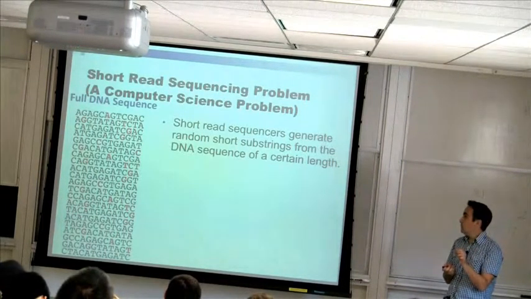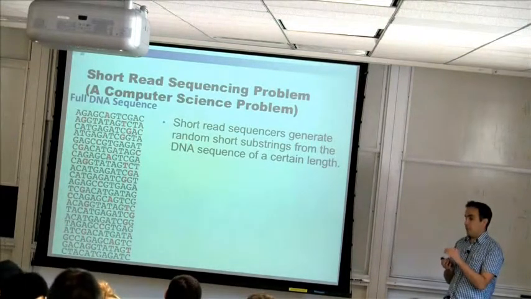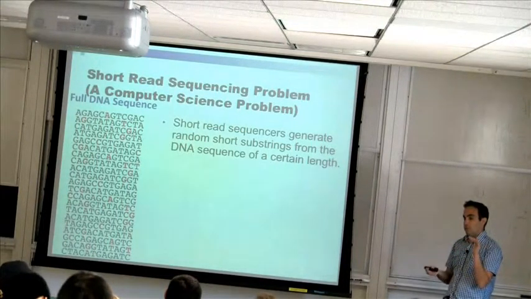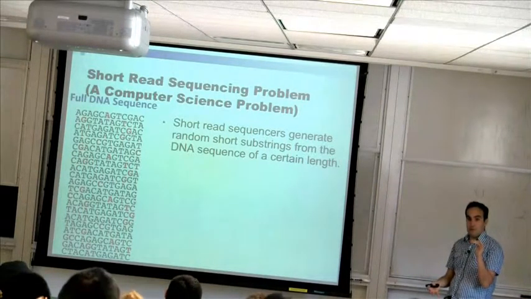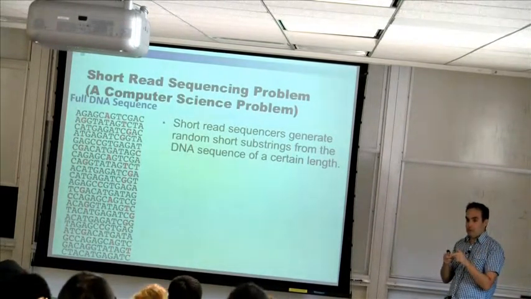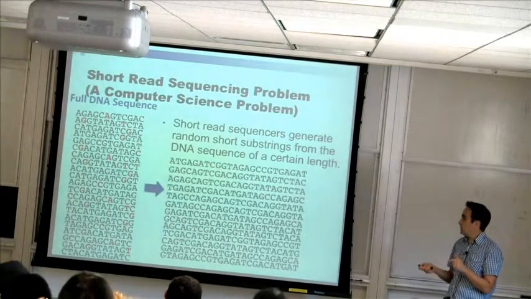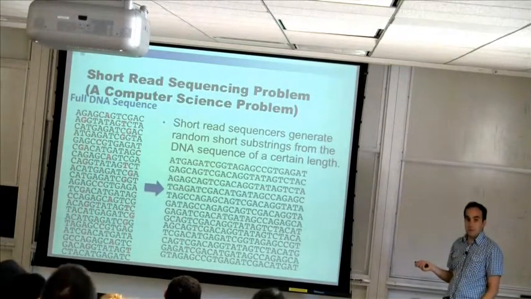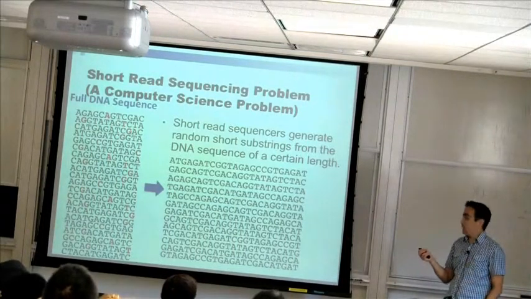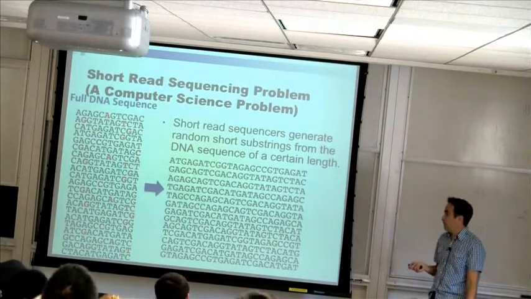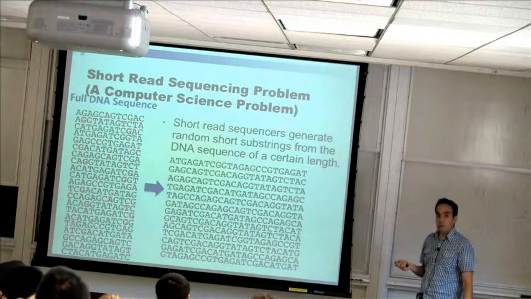A model for how the sequencer works is that it picks a number from 1 to 3 billion and then just outputs the next 30 positions. So you get what are called reads. These are length 30 reads that are randomly drawn from this long sequence.